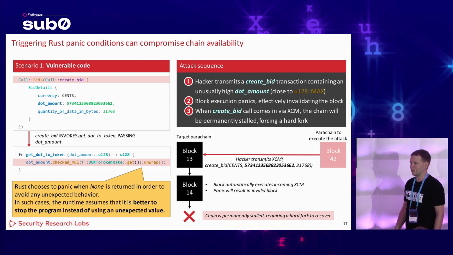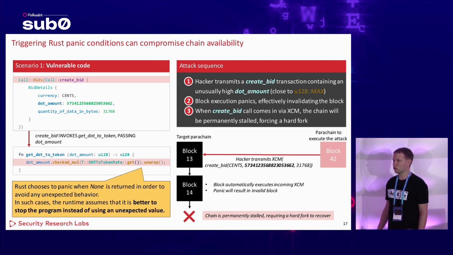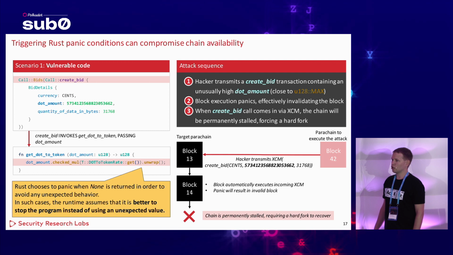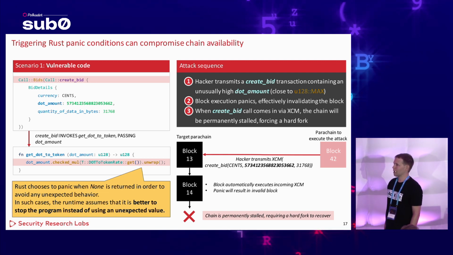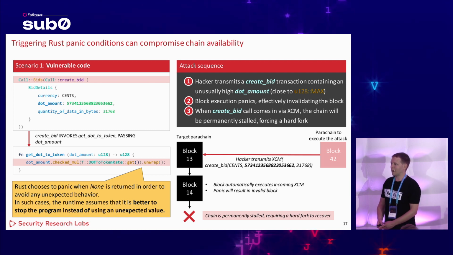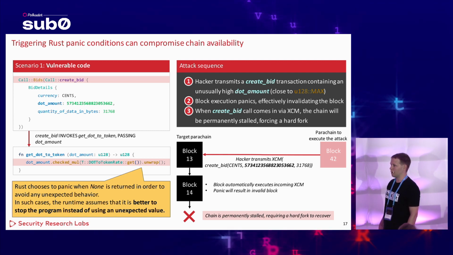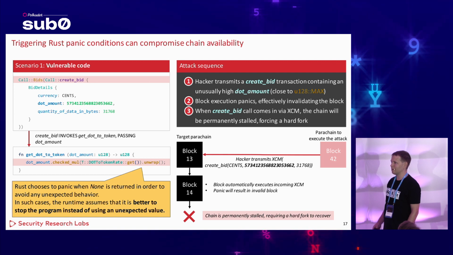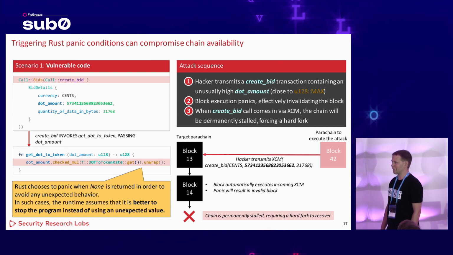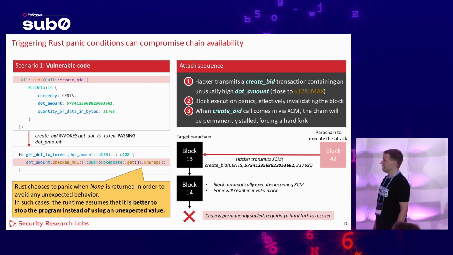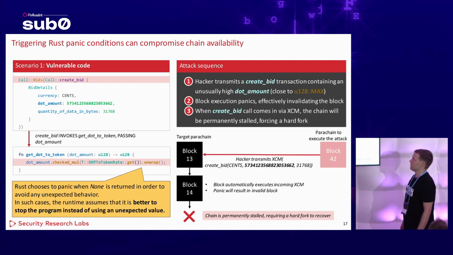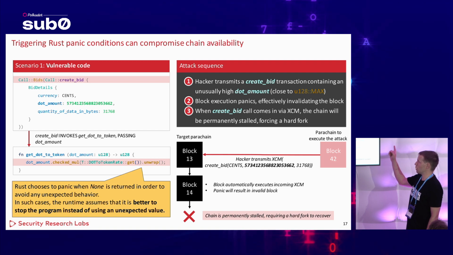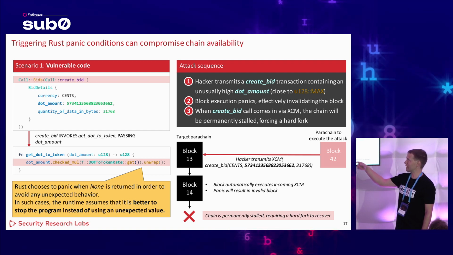But at least you can still recover by having an emergency patch in the collator runtime to just exclude that bid and still produce blocks. But if you have a parachain, you're also processing incoming XCM messages from other parachains, and XCM messages can call pretty much arbitrary Substrate extrinsics. So you could actually submit a bid as an XCM message from another parachain to your target parachain.